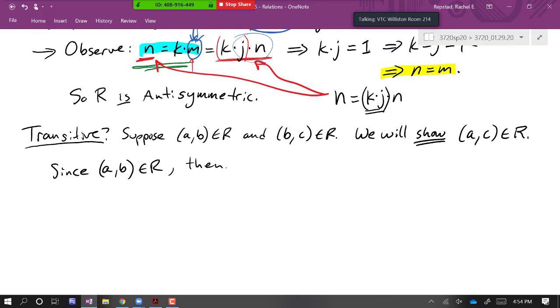What does it mean to say that A is related to B for this relation? B is a multiple of A. That B is a multiple of A? So what can we write? Yeah. So B is some integer k times A. And in fact, we know that k is a positive integer because A and B are positive integers.